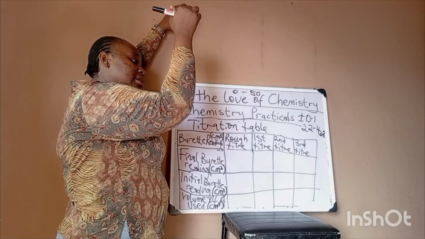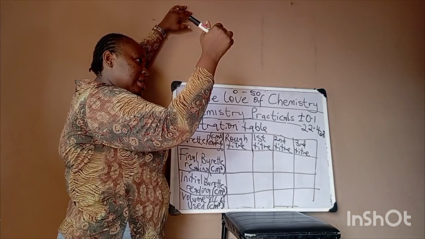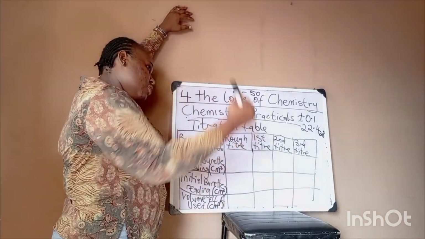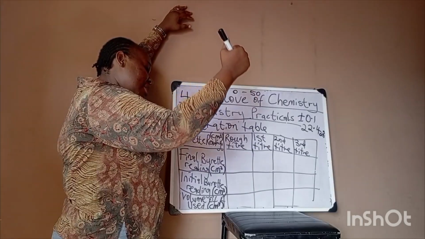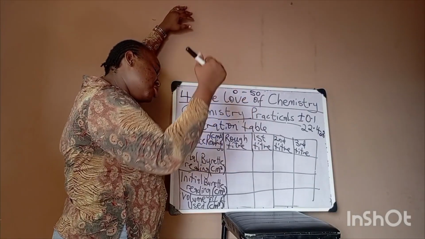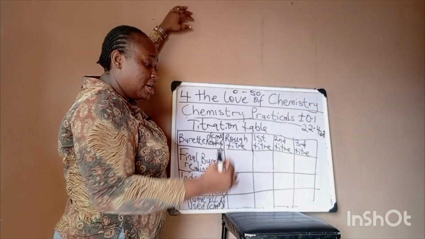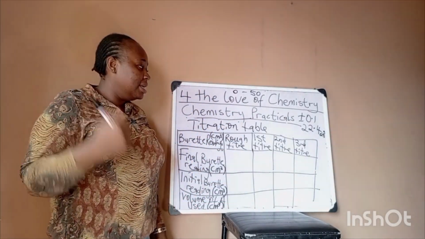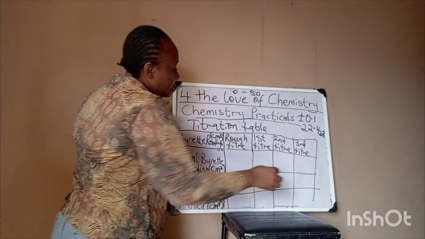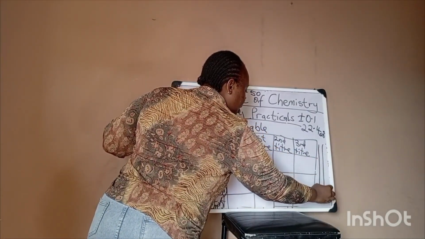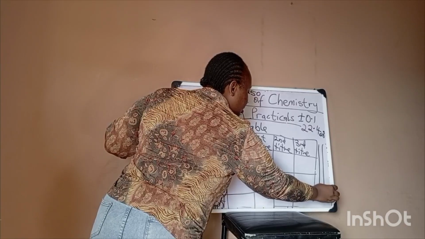0 is at the top, right? And then the 50 is at the bottom. So as it's going down, the volume of acid is decreasing, the number is actually increasing, showing that you have used a particular amount of acid. Let me explain. Let's say this is the burette. Here is 50.